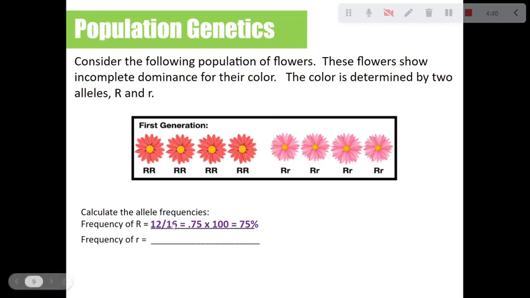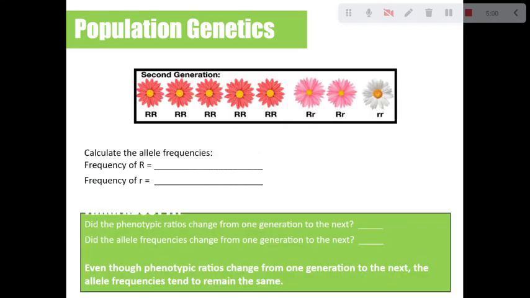So 12 out of the 16 alleles is a capital R, which equals 75% of the allele frequency. Now we need to look for the frequency of little r. Well, we only got 4 little r's. So it'll be 4 over 16, which will equal 25% of the allele frequency.